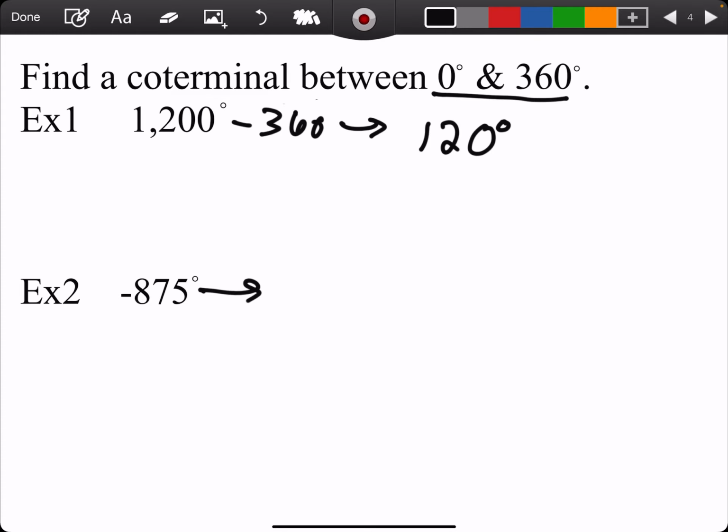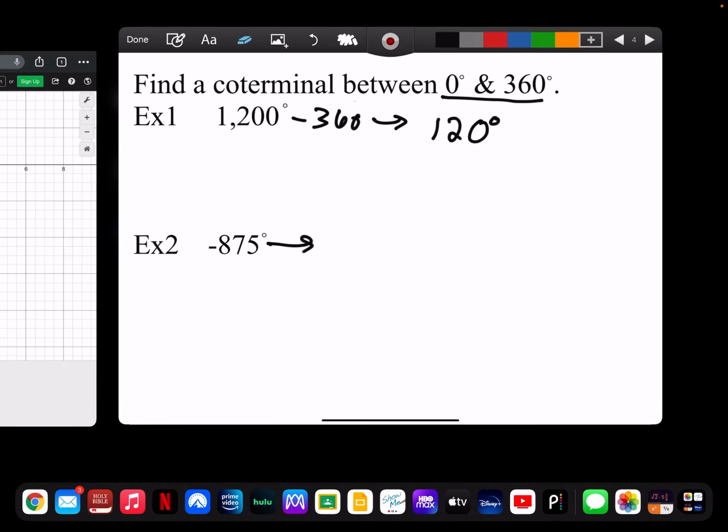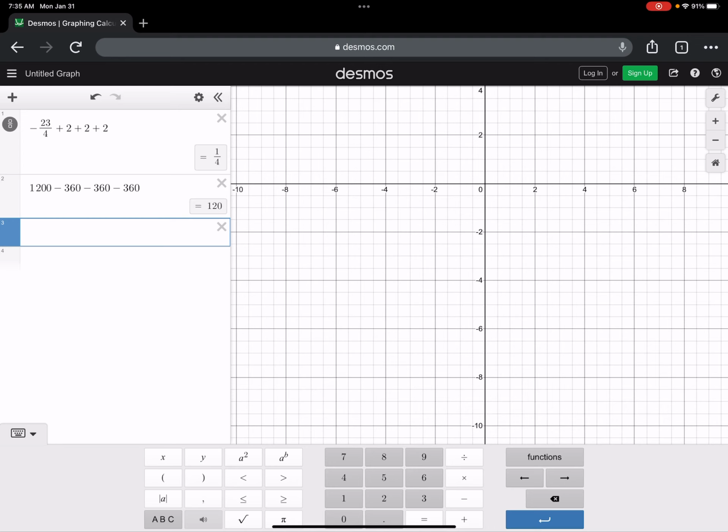All right, I'm going to do the same thing with negative 875. I'm going to come to my calculator. I'm going to put in negative 875. And now I'm going to add 360 since it's negative. I'm going to add 360 again. I'm going to add 360 again. And so I get 205.